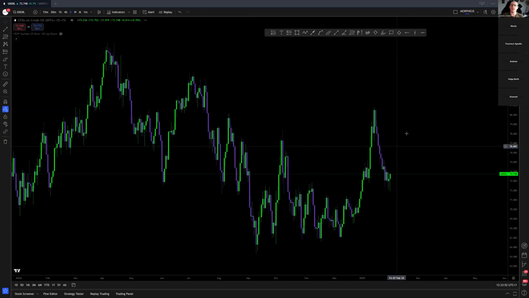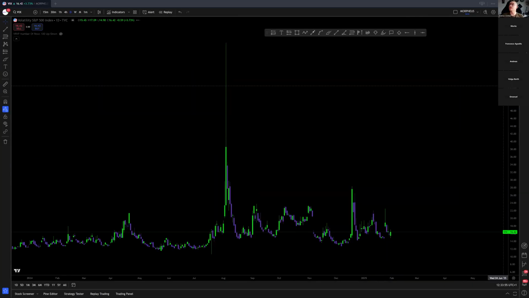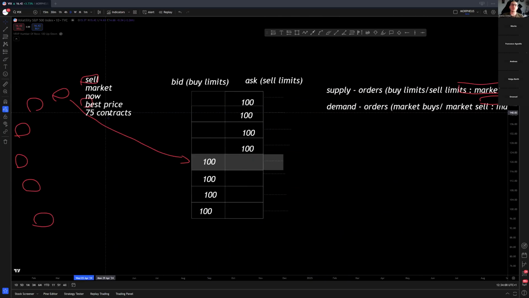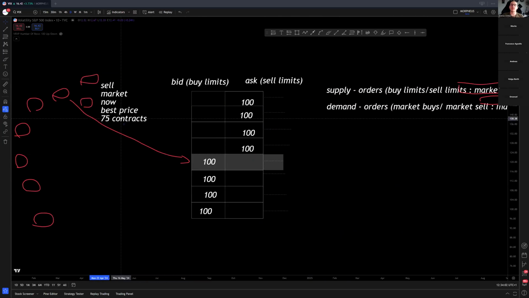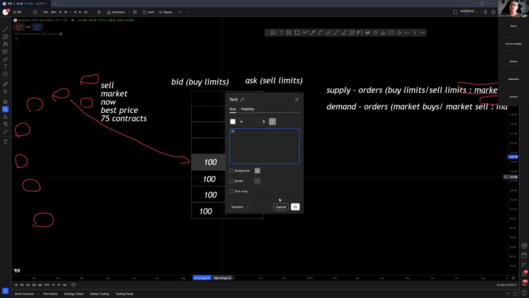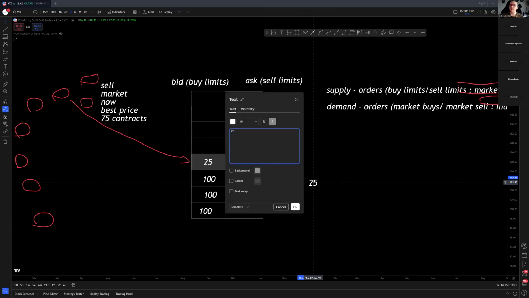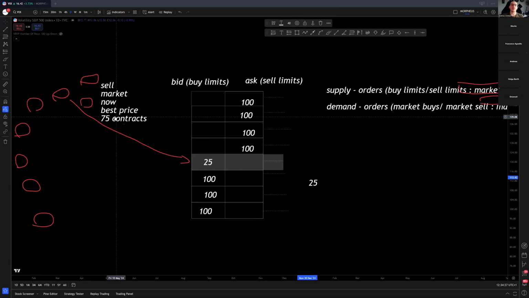Perfect. Oh, I have to stop pressing the space bar. So these 75 contracts are matched with 75 of those 100 contracts. So these will become 25. And 75 of those contracts were matched with these.